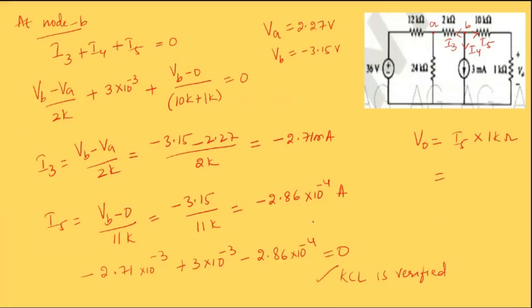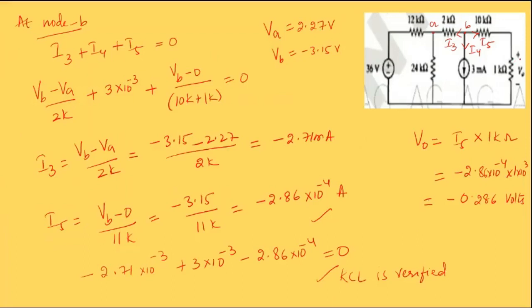So I5 is minus 2.86 into 10 power minus 4, into 1 kilo, so 1 into 10 power 3, whose value is nothing but minus 0.286 volts.